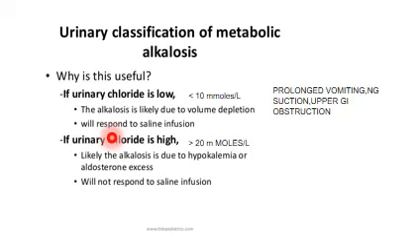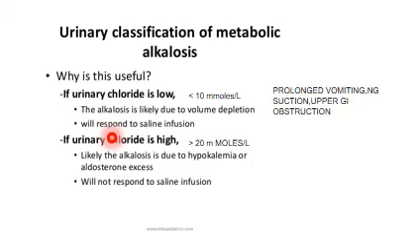Now, another way of classifying metabolic alkalosis is to look at the urinary chloride. Why is this useful? If the urinary chloride is low, that is less than 10 millimoles per liter, it indicates that this alkalosis may be due to volume depletion. So, this could be due to prolonged vomiting, nasogastric suction, or upper GI obstruction.